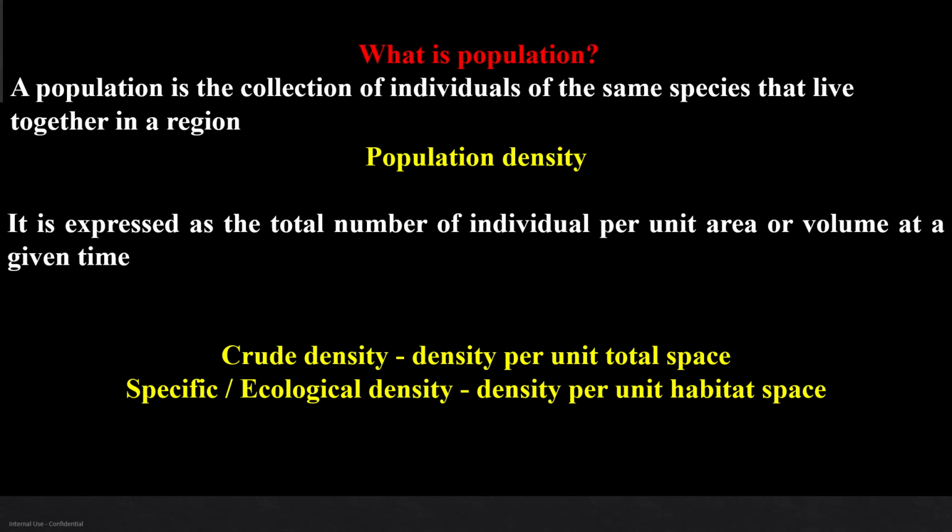It is density per unit habitat space. So it is the number of individuals which are actually occurring in a space which is fit for staying. Habitat space means an organism can stay over there. This is more of a realized concept.